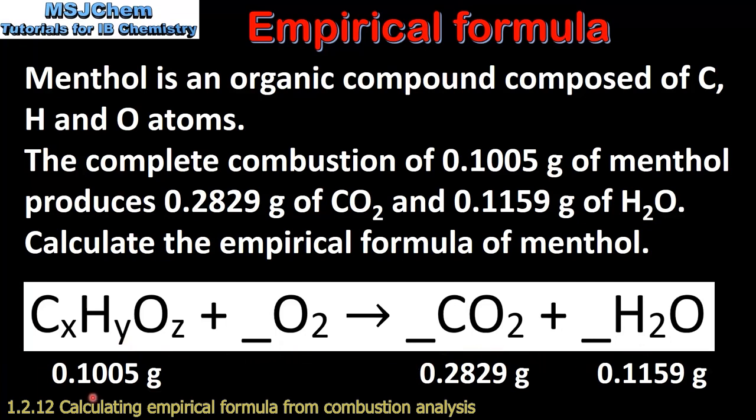According to the data given, the complete combustion of 0.1005 grams of menthol produces 0.2829 grams of carbon dioxide and 0.1159 grams of water. So next, we'll use this data to calculate the empirical formula of menthol.